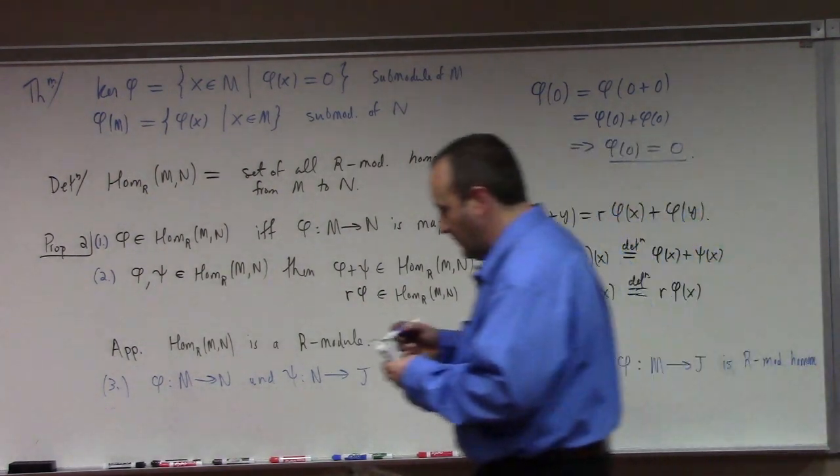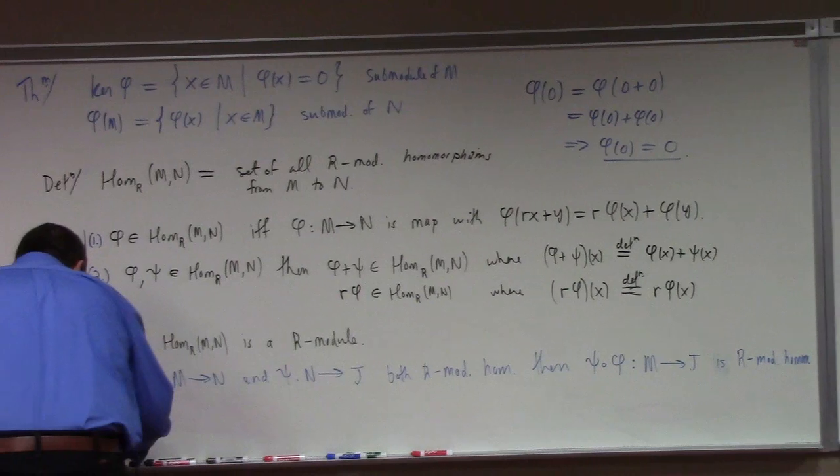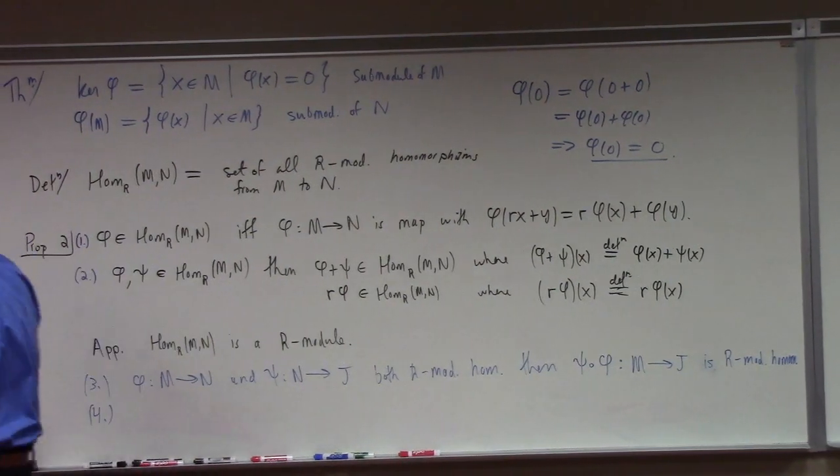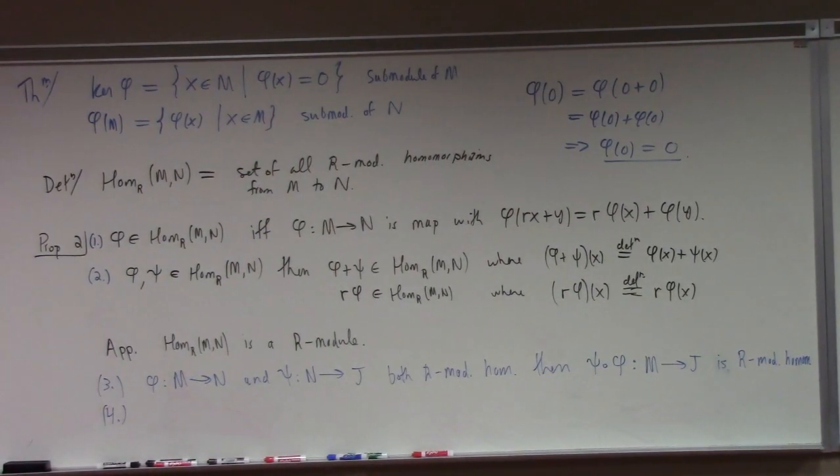And then finally, part 4. And by the way, proving 3 would be a good example of something totally appropriate for a test question, don't you think? I can test whether you know what it means to be an R module homomorphism. What do you have to check?